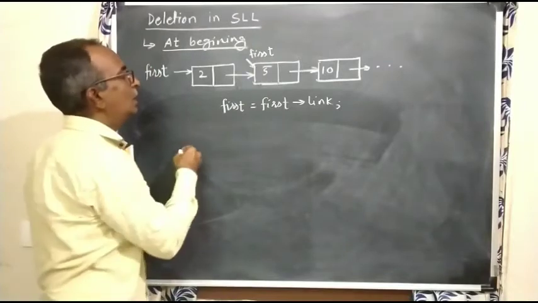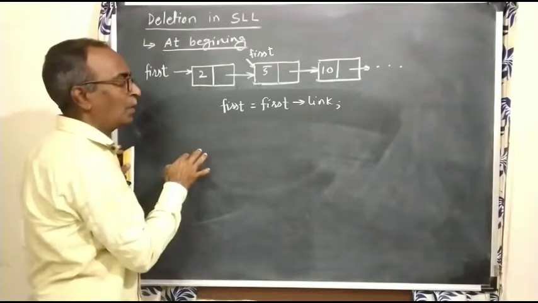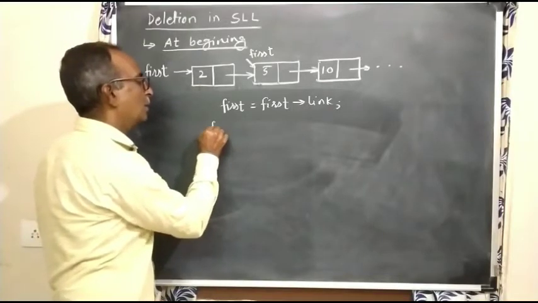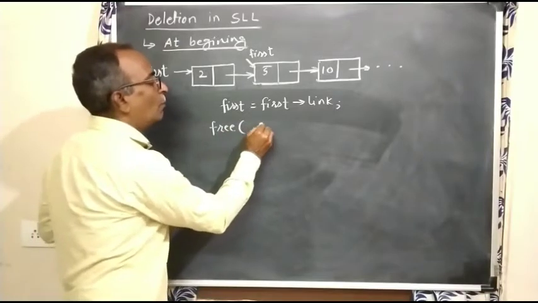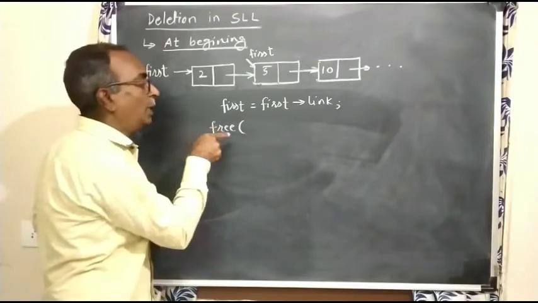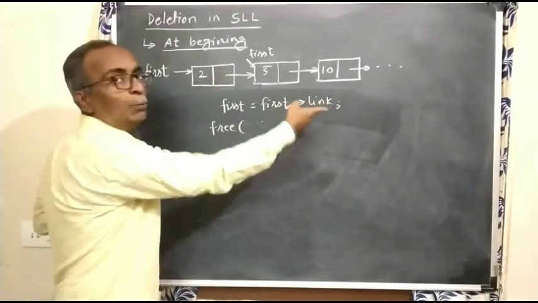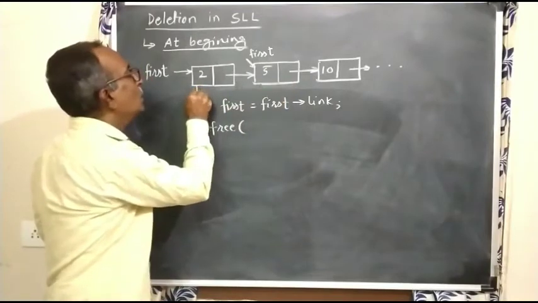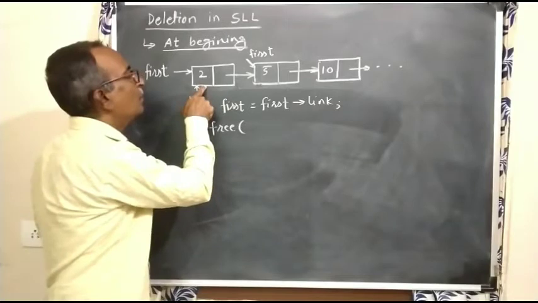But before that, you should know this node's address for free. Free is a function. Now, which memory you are freeing? Which pointer is pointing to that memory, that we have to give. So before movement, store this in some pointer variable.